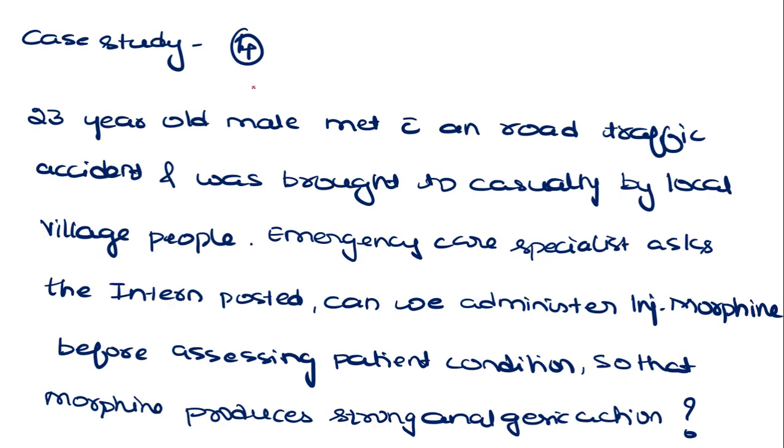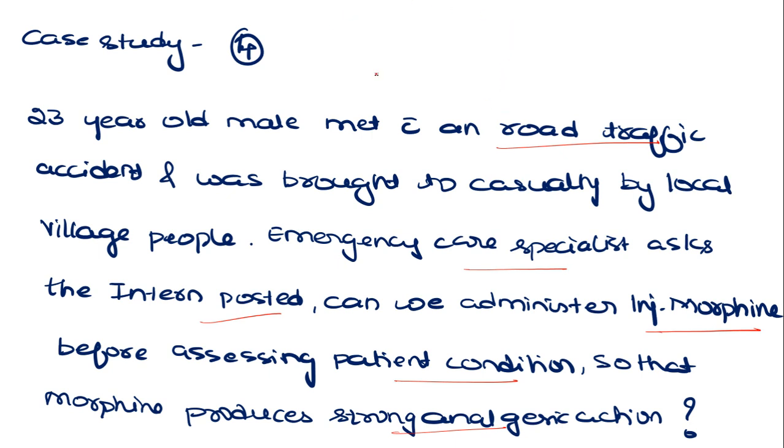So coming to case number 4, a 23-year-old male with a road traffic accident brought by village people. In the emergency department, the specialist asked the intern, can we administer injection morphine before assessing the patient's condition, so that it will provide a strong analgesic action. So here the intensivist is checking the knowledge of the intern posted there.